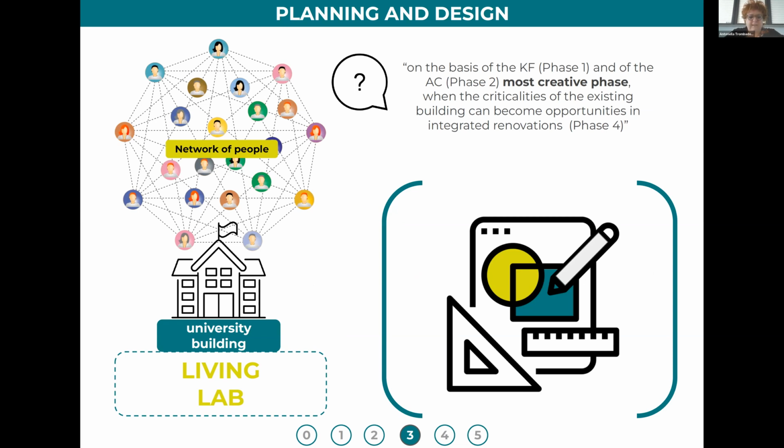In this phase, the criticalities of existing buildings can become opportunities. So we can transfer, implement and change the criticalities into opportunities. How? Of course, throughout a design phase, throughout the investigation of the best scenarios, integrating architectural solutions to complete the retrofitting process of the pilot building.